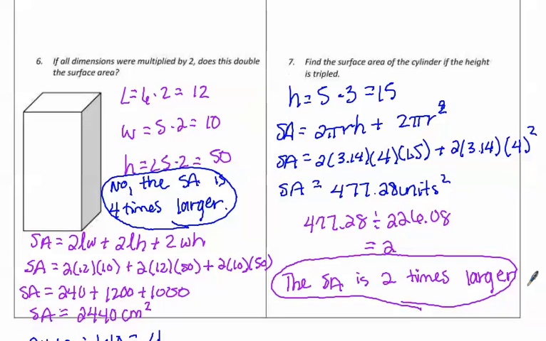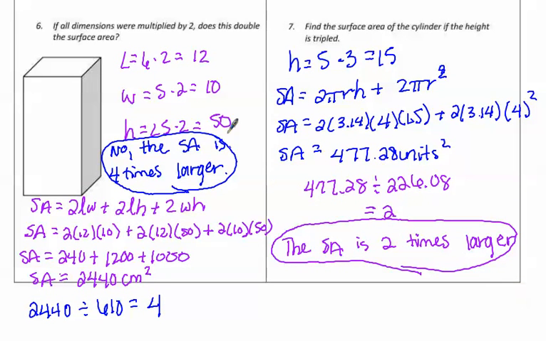When you multiply all the dimensions by 2, you get a length of 12, a width of 10, a height of 50. When you plug this into the formula, you get 2,440. You want to take the new surface area and divide it by the old surface area to get the changed attribute. This is 4, so the surface area has not been doubled. It is 4 times larger.